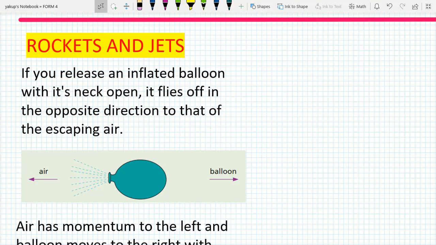Again, we are going to talk about the last part of momentum, the rockets and jets.